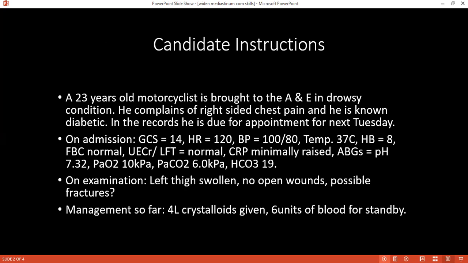And ABG showing metabolic acidosis. X-ray done for the patient showing widening mediastinum. Also the patient has absent psoas shadow, left femur fracture. We started 4 liters of crystalloid and 6 units of blood on standby. And chest drain for the right chest is done.